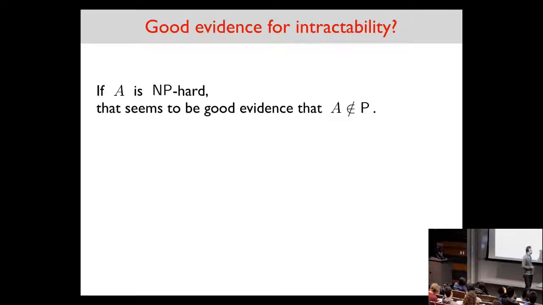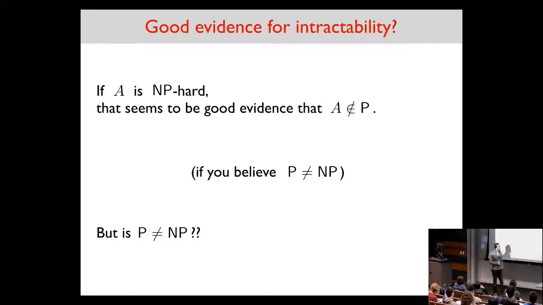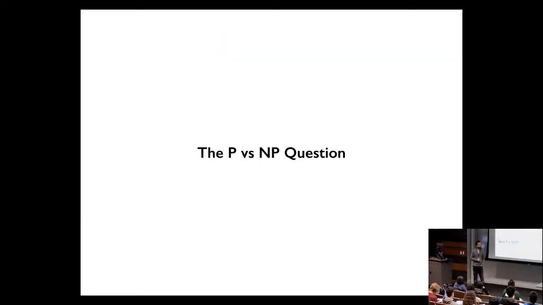But of course, this is good evidence only if you believe P is different from NP. And you would be a totally reasonable person if you said, P is different from NP. But is P different from NP? So that leads us to the famous P versus NP question.